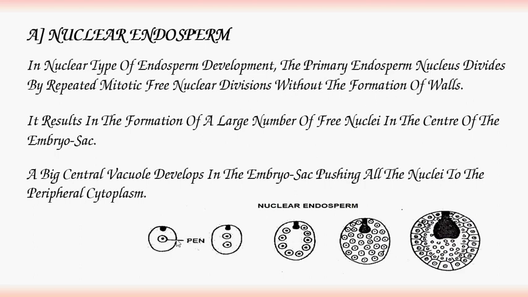So the first mitotic division gives two nuclei, and it repeats, the nuclei increase, and a large number of free nuclei are formed at the center of the embryo sac. Now all these nuclei are pushed towards the peripheral cytoplasm due to the development of a vacuole.